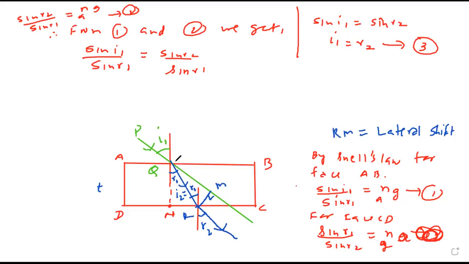One is this right angled triangle, the other is this, and we equate them to get the required answer. T is the thickness, which is AD, or even QN we can say.